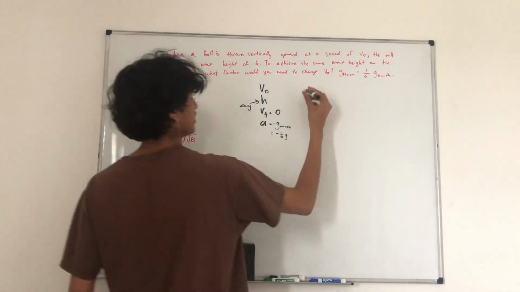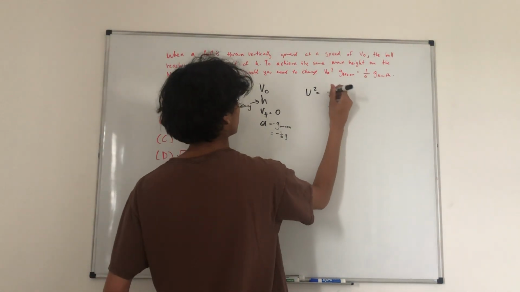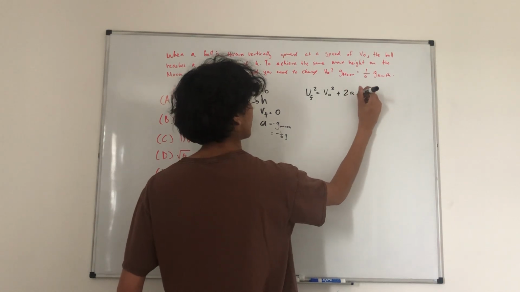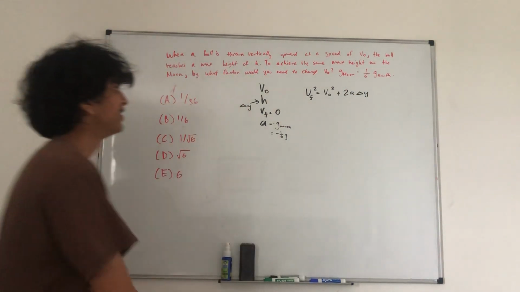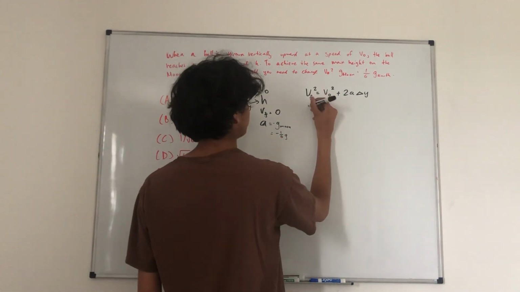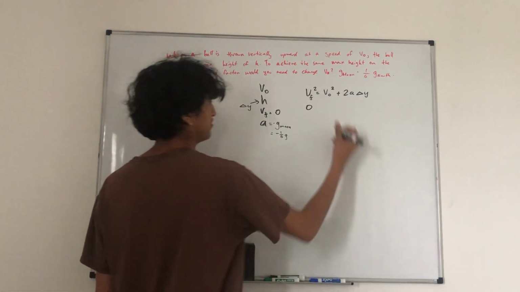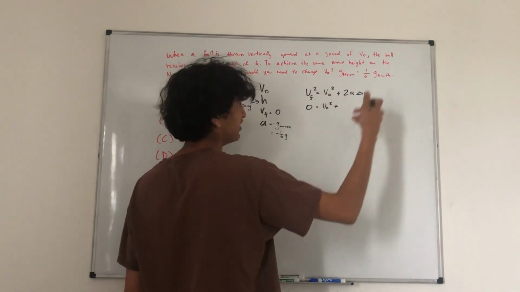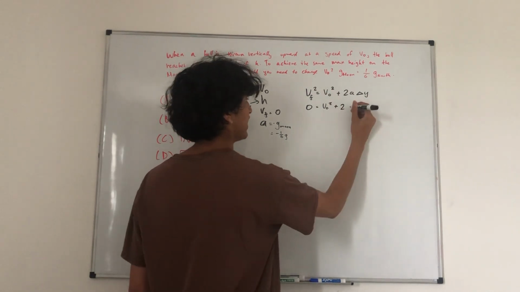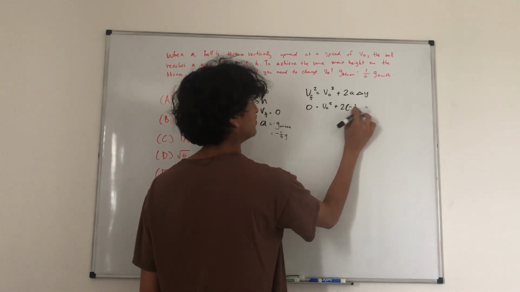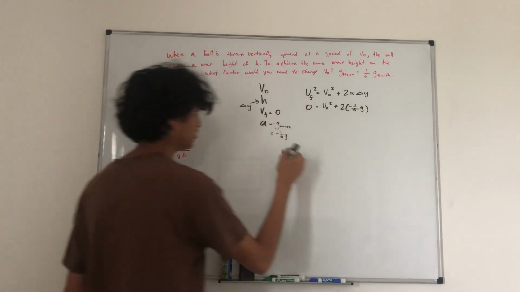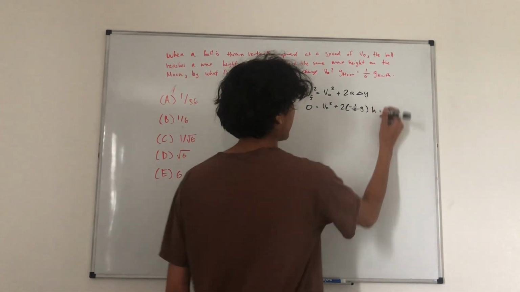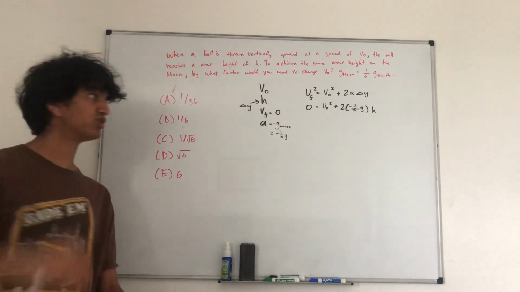You're going to use v final squared equals v initial squared plus 2 times acceleration times change in y, or change in x. So v final is 0, and I can just put a 0 there, because 0 squared is 0. Then v initial squared plus 2 times negative 1/6 g, because the acceleration on the moon is negative 1/6 g, times the change in y, which is height, and that's positive, because you're displacing upwards.